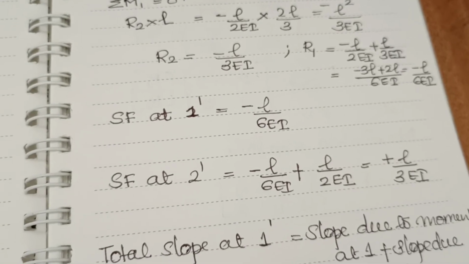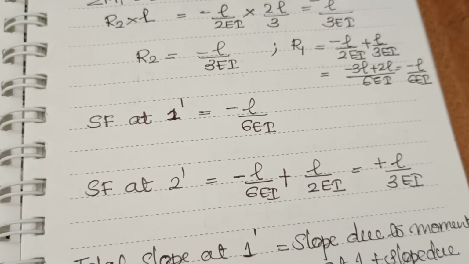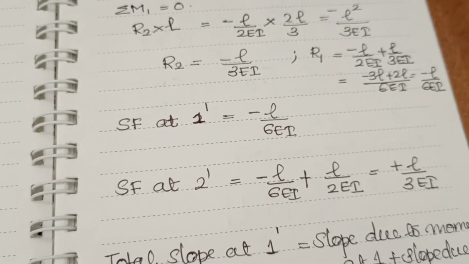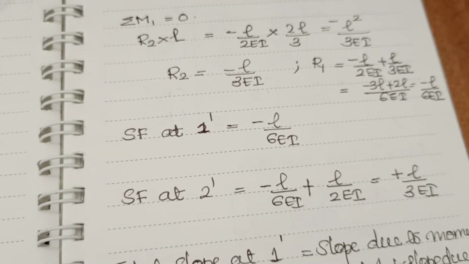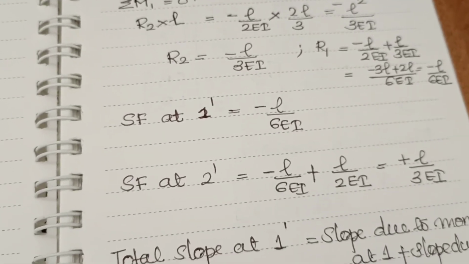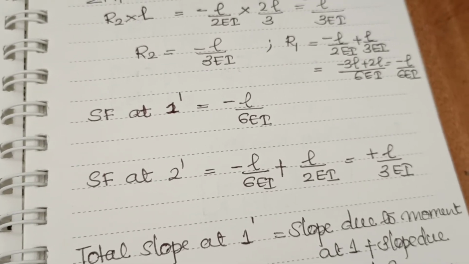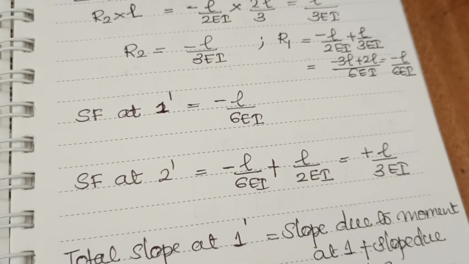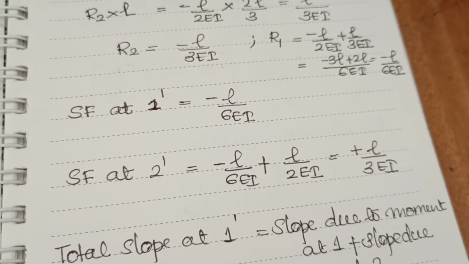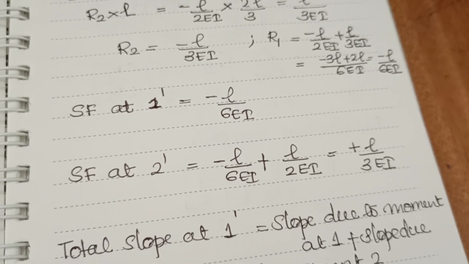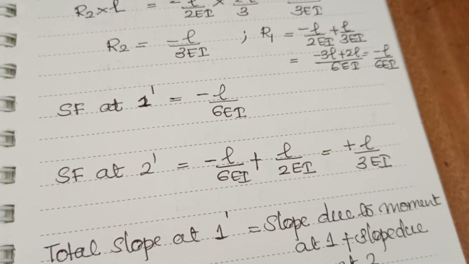The value of R1 we get is minus of L by 6EI. Since the direction of loading is taken as upward, left upward is positive as per the sign convention. Hence, shear force at 1 dash is equal to R1. Since the value of R1 is negative, we have to put the negative sign here also, minus of L by 6EI.